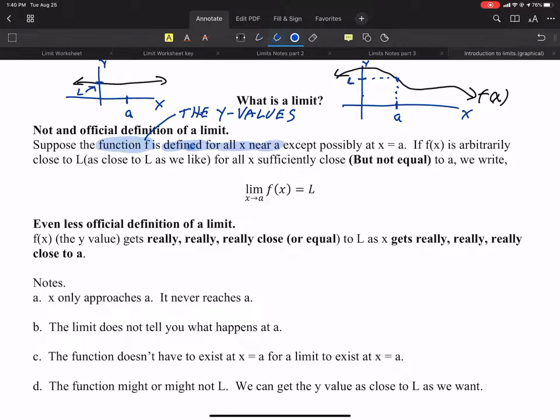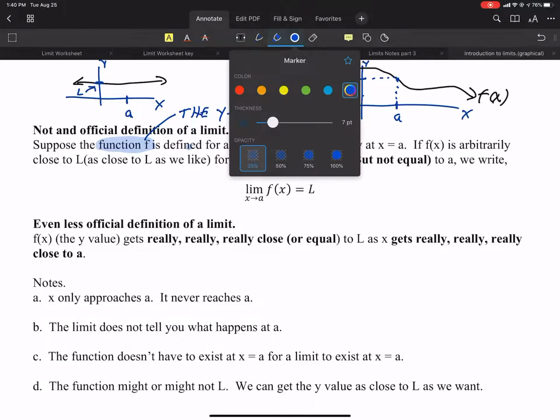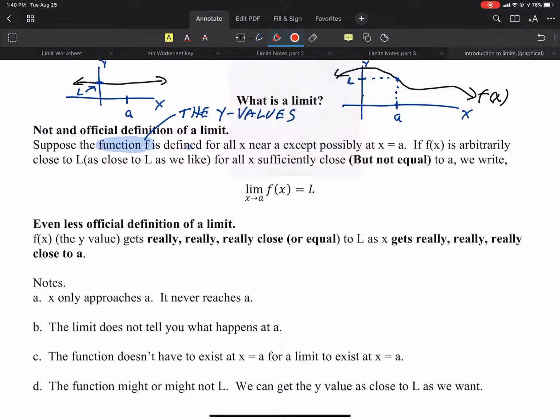So what is that saying? You have to see what's going on. It's defined for all x near a. What does that mean? Near a. So these are the x values near a. But it doesn't have to exist at a.